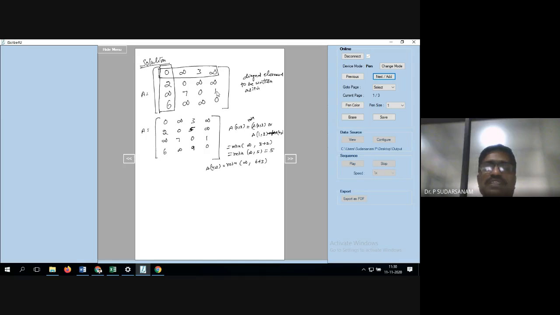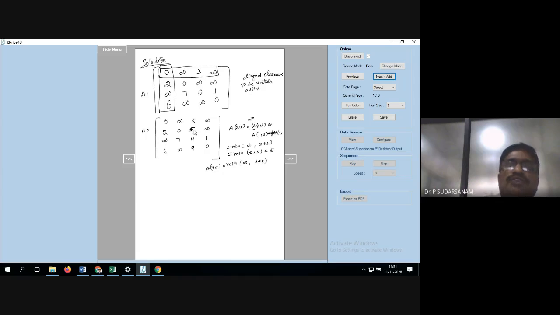A of 4 comma 3 is equal to, you have the original value is minimum, and the corresponding selected row, selected column. Either you can take 3 plus 6 or 6 plus 3, no problem. Selected row and selected column. 6 plus 3. Anybody is having doubt, please let me know.